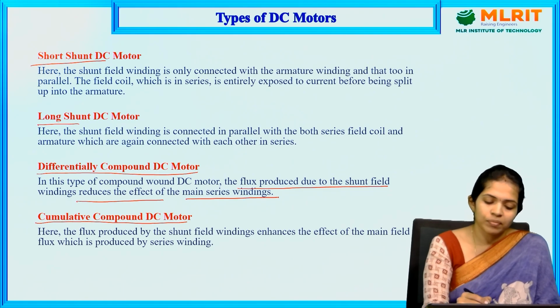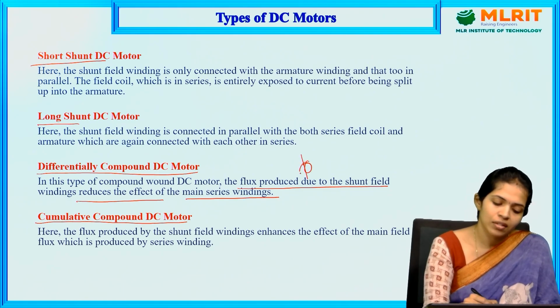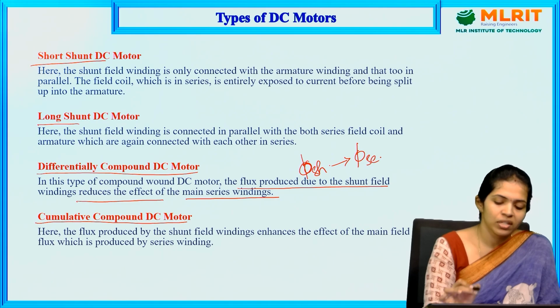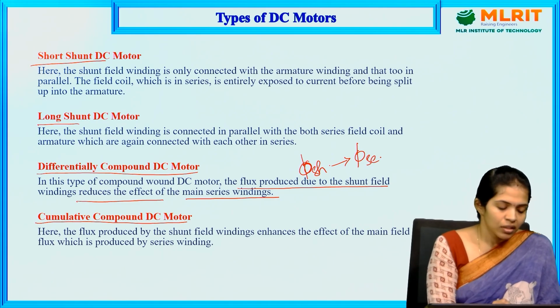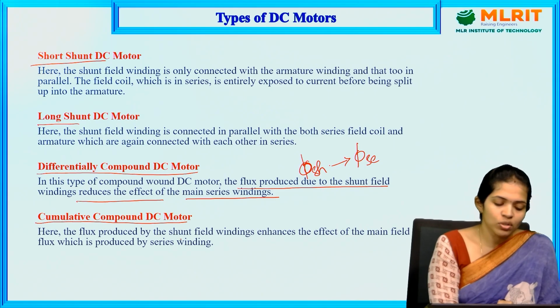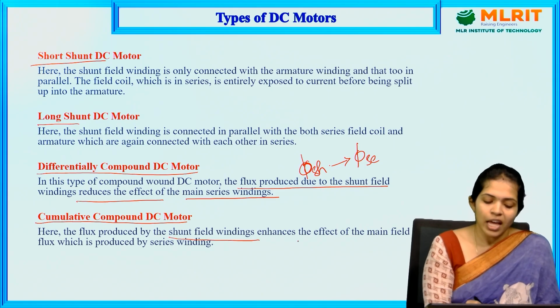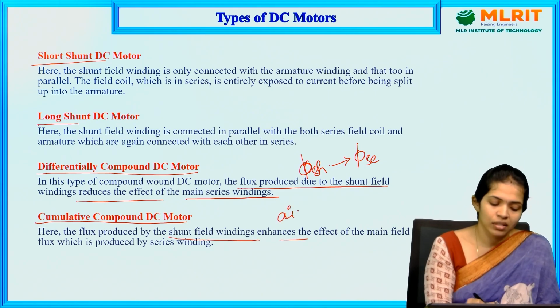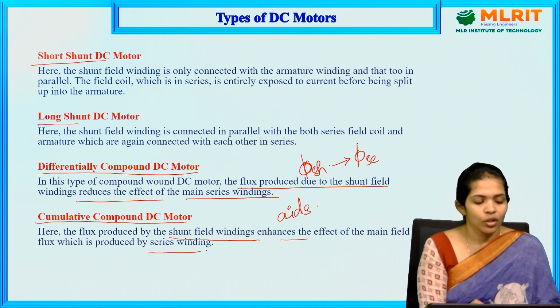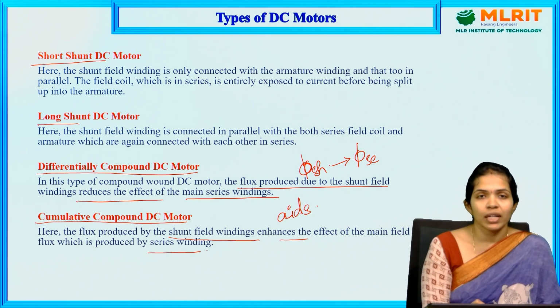That means the flux produced by the shunt field winding will oppose the flux produced by the series field winding. They will oppose each other. If the flux produced by the shunt field winding enhances or aids the effect of the series field winding, then that kind of motor is called a cumulative compound wound motor.